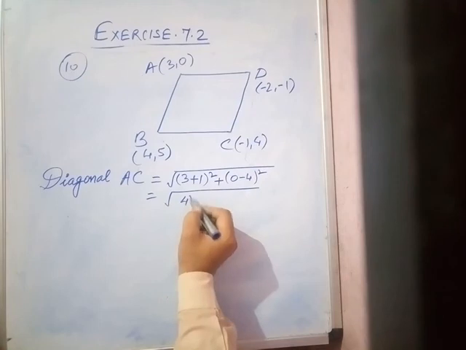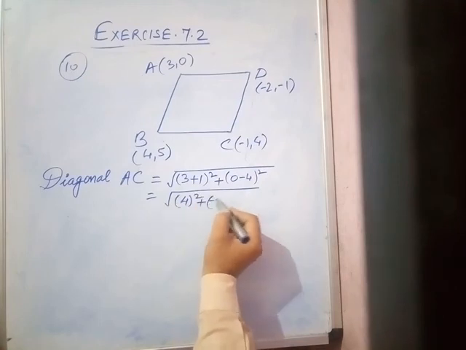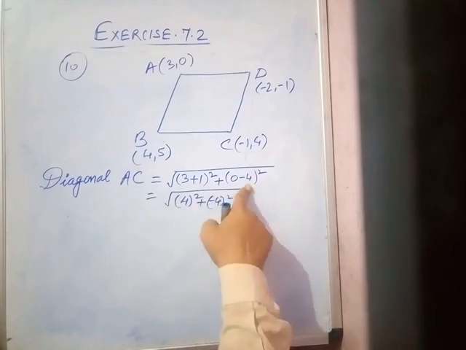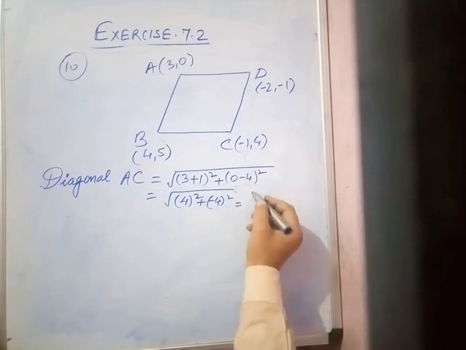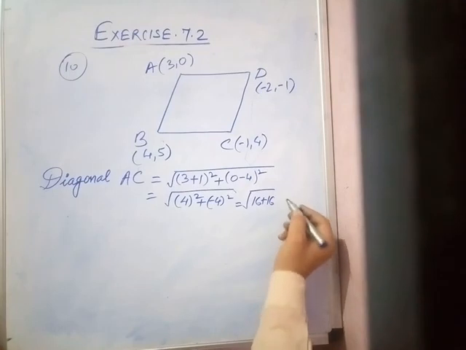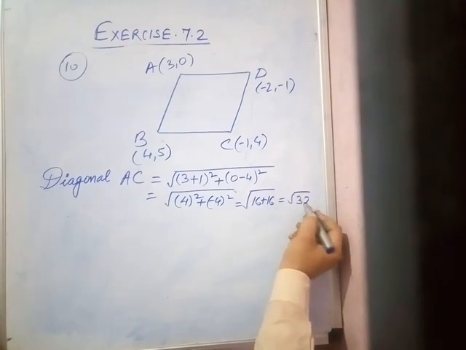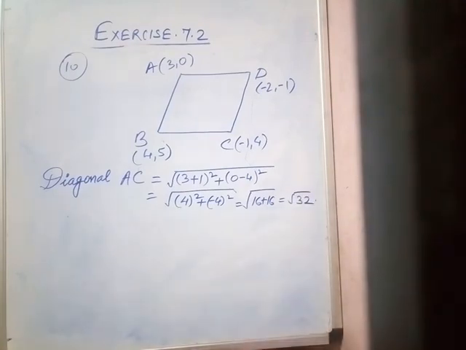So it is 4 square plus -4 square, that is 16 plus 16, that is root 32. So the first diagonal AC is root 32.